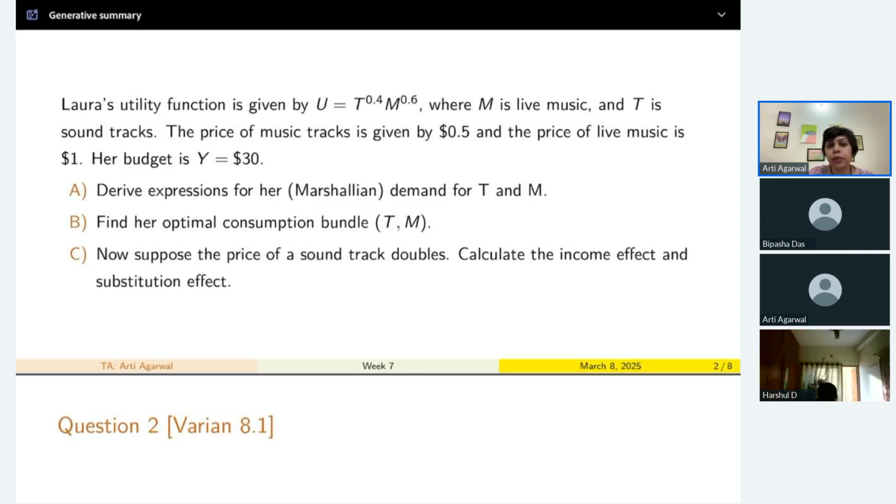The price of soundtracks was initially 0.5. Now it doubles, which means it becomes 1. They're asking you to find the income effect and the substitution effect. So what do we do when the price of soundtrack doubles? We know the new price, PT prime, is now 1.